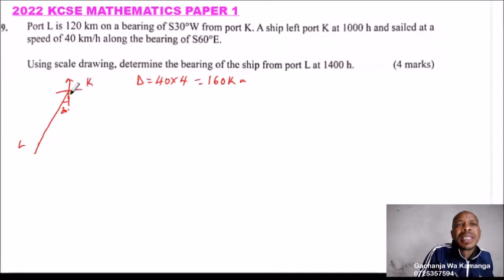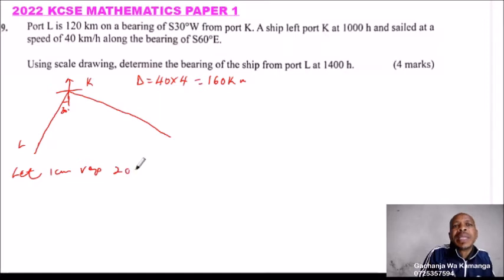Then we are going to draw. Now we come to scale. Let 1 centimeter represent 20 kilometers. So here we are going to draw 6 centimeters to L, and here we are going to get 8 centimeters.